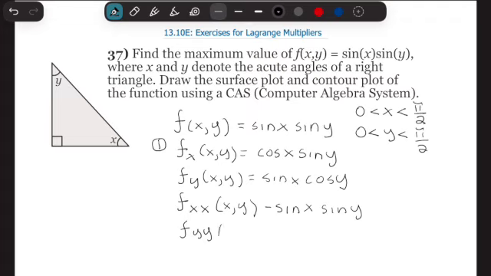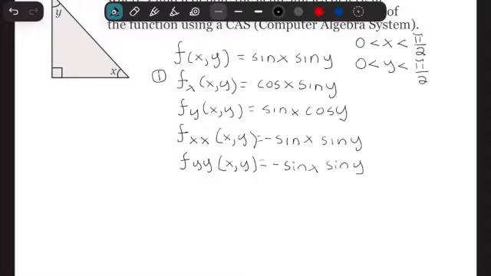Now f double y. Oops, forgot my equal sign. All right. Negative sine x sine y. Some nice symmetry there. And then let's get our mixed partial.